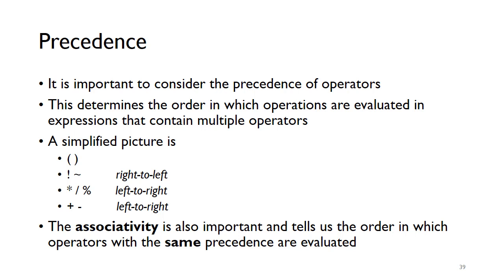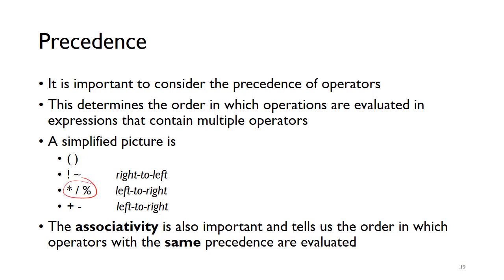So when you're doing operations, it's very important to consider the precedence of the operators. This just determines which order we carry out the operations if there are multiple operators in the expression. So, a kind of simplified picture. The most precedent ones are the brackets. Then we've got the bitwise NOT and the logical NOT.